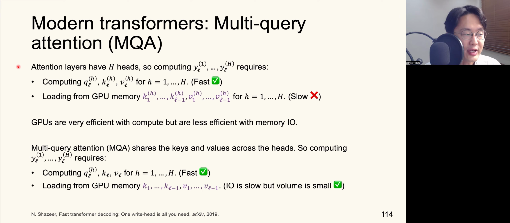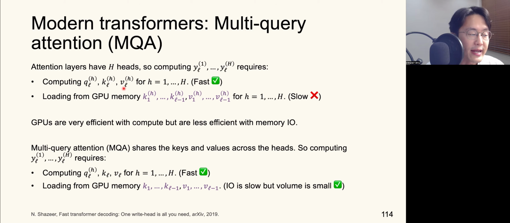But even KV caching has an inefficiency that we can potentially improve upon. A lot of modern transformers now use multi-query attention, MQA, and here's the motivation. When you use KV caching with the usual multi-head attention, MHA, the attention layer has H heads, so we need to compute y1 up to yH separately at the L-th step. This requires computing the Q, K, and V vectors for all of the heads, and that's efficient and fine.